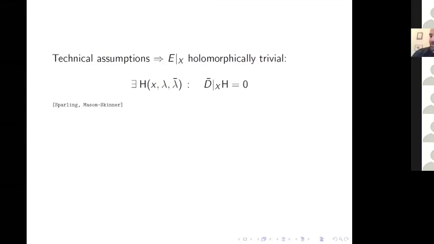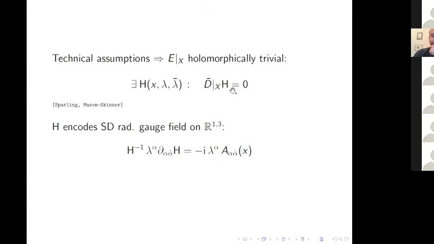What that means in real money is that we can find a frame H, which depends on which line we're over and also where we are along the line, such that if I hit H with this partial connection restricted to the line, I get 0. So, if you like, that's a definition of what a holomorphic trivialization is.